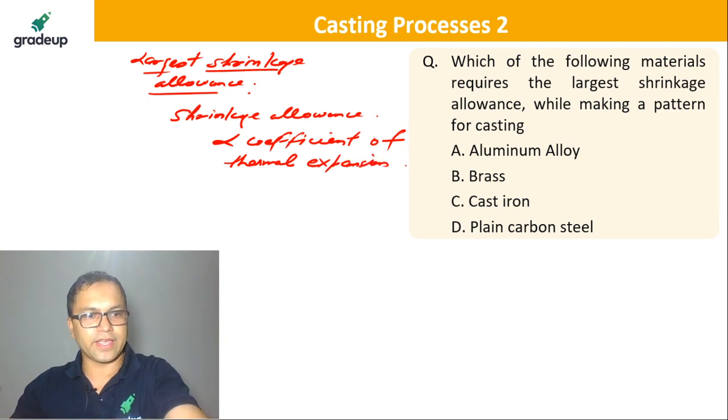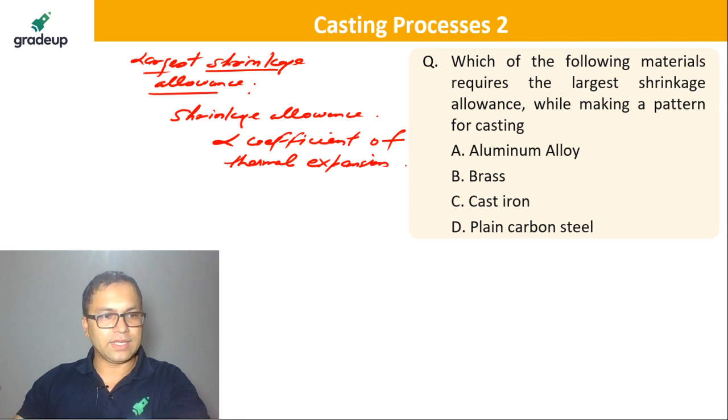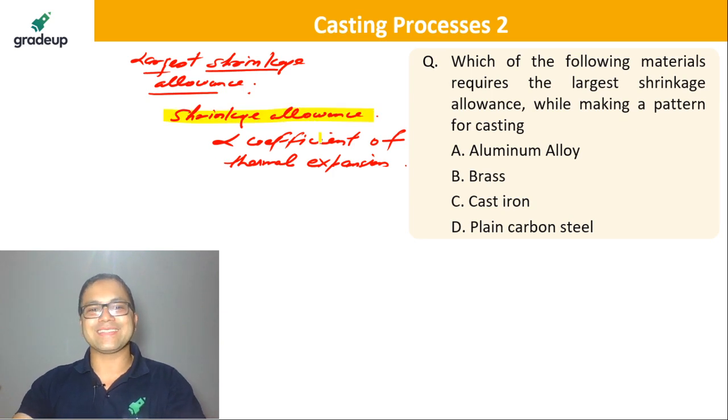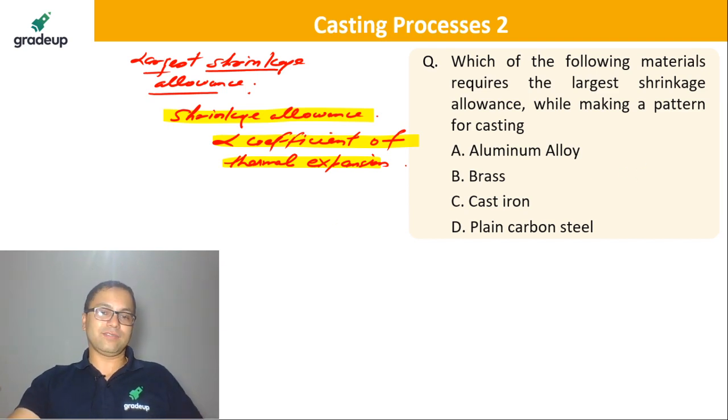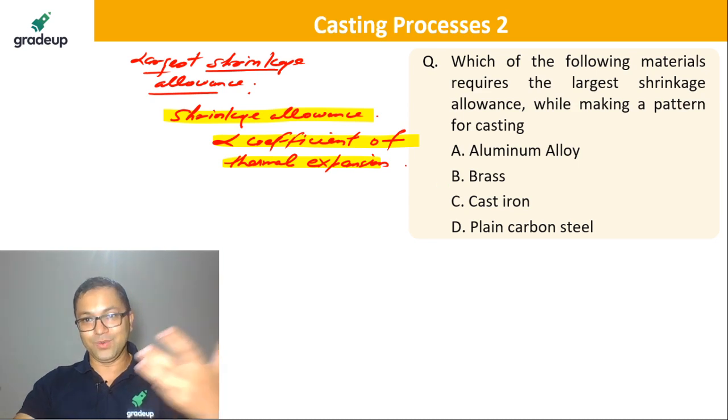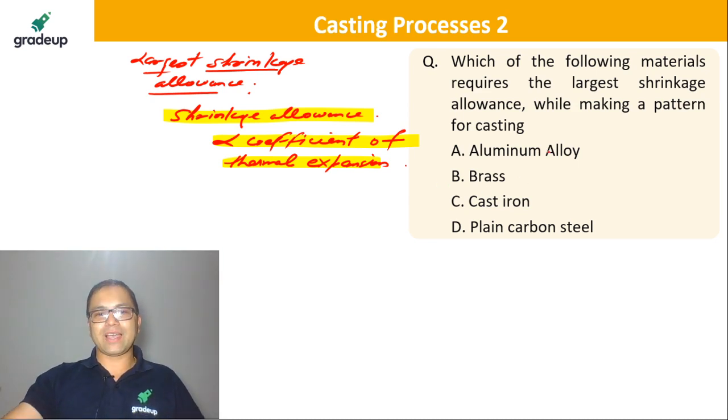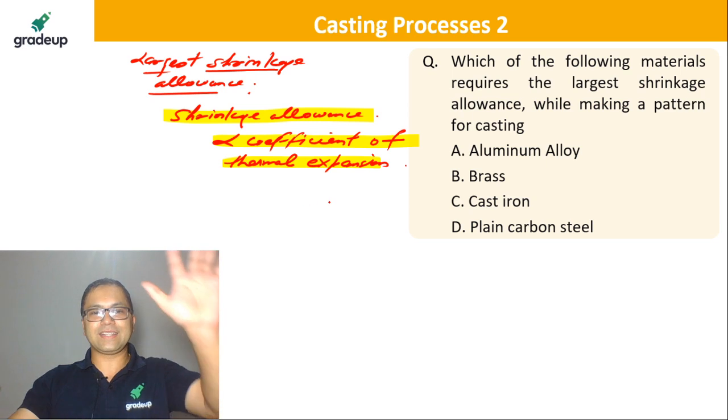Always remember this. TPM, you're right. Long time no see. So shrinkage allowance is directly proportional to the coefficient of thermal expansion. Which one of these has the highest coefficient of thermal expansion, that you need to know. Are you getting this? That's the hint for you.